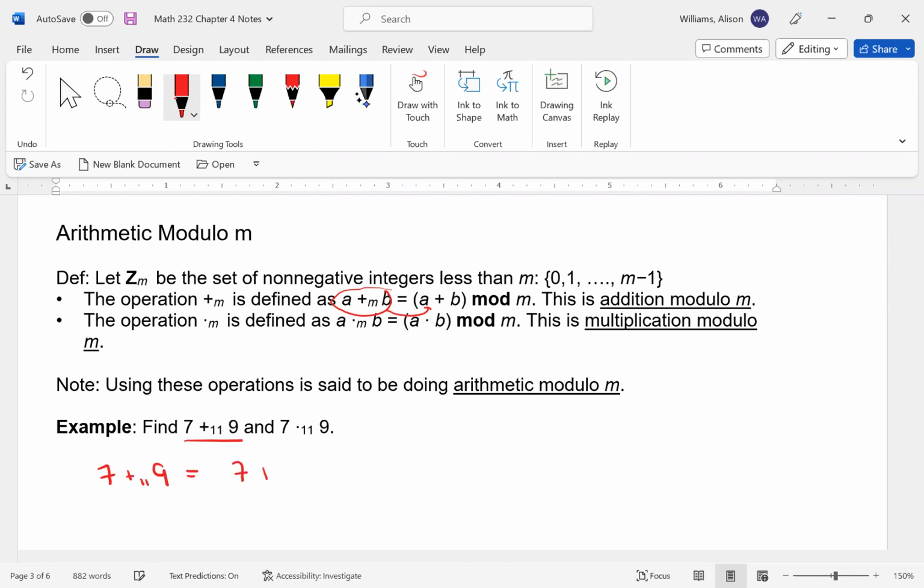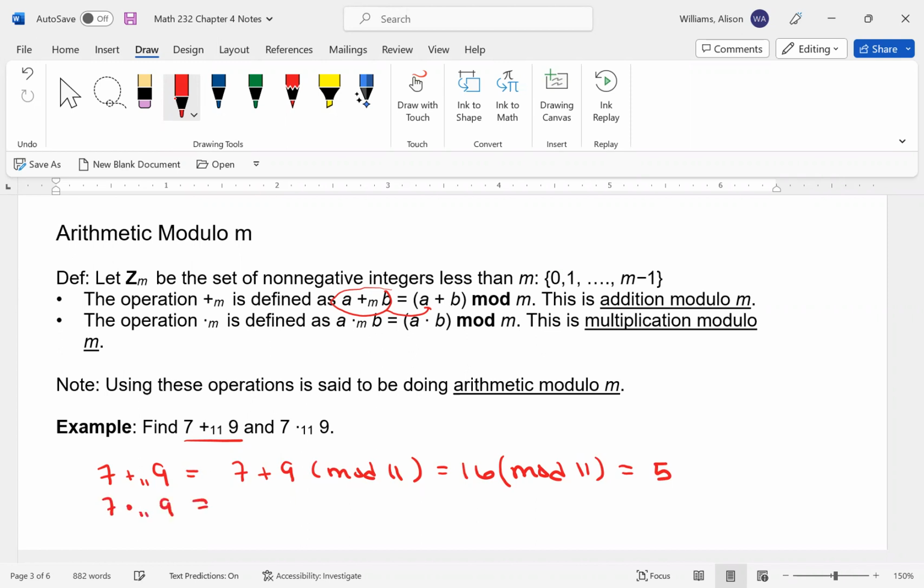So I'm going to actually do 7 plus 9, add those together, mod 11, which is 16 mod 11. So now I'm going to figure out what that remainder is. If I divide 16 by 11, that's going to give me a remainder of 5, right? 11 goes into 16 once, the remainder of 5. Done. Okay, so let's do the multiplication now.